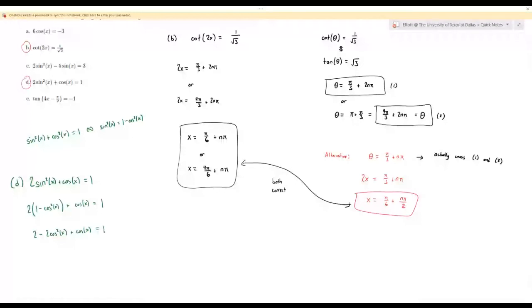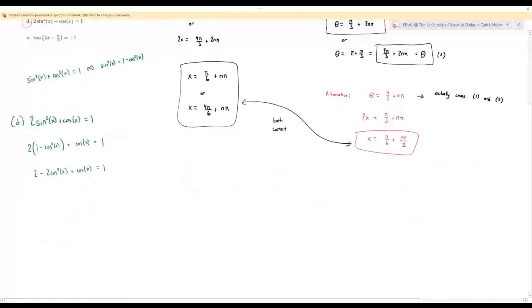I'm going to rearrange this equation just a little bit more. But right now, when I look at this equation, I notice it's kind of like a quadratic equation. So for a quadratic equation, you want to move everything over to one side of the equation. So you have everything set equal to 0.